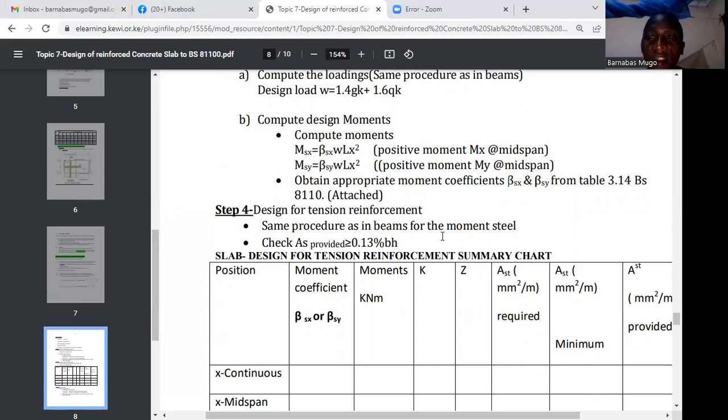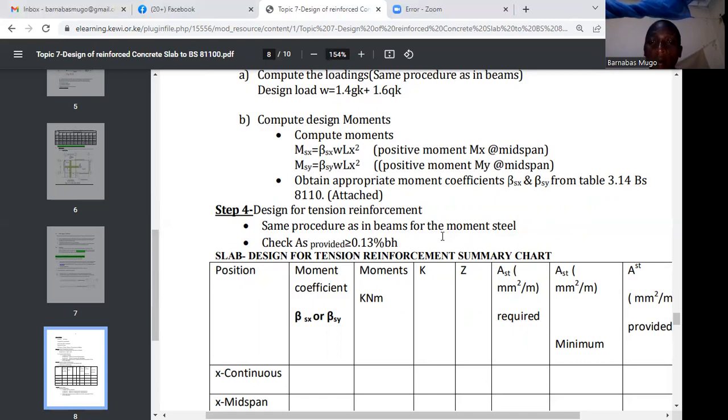table 3.14. Then after doing that, you need to design for the tension reinforcement. When we are designing for the tension reinforcement, the same procedure as in the case of the beam is used.